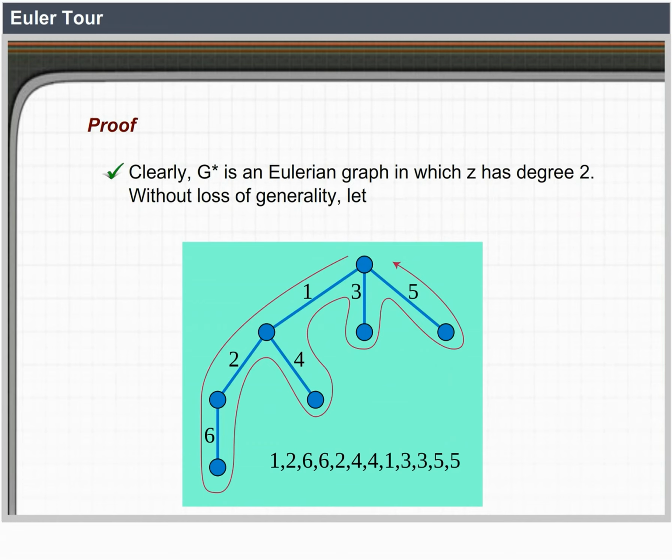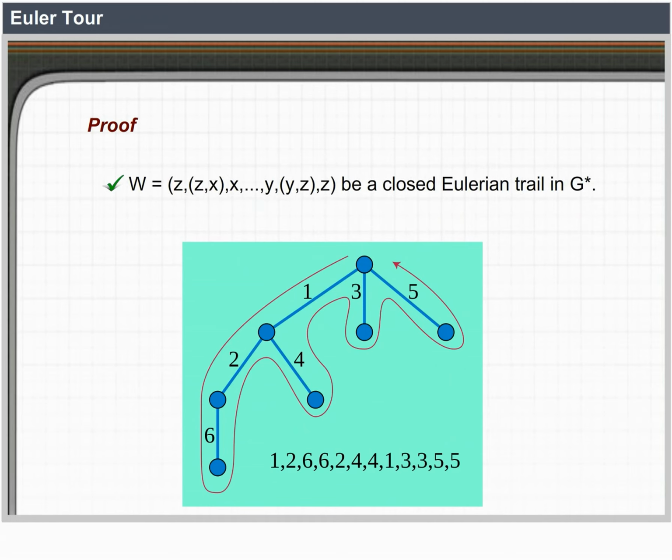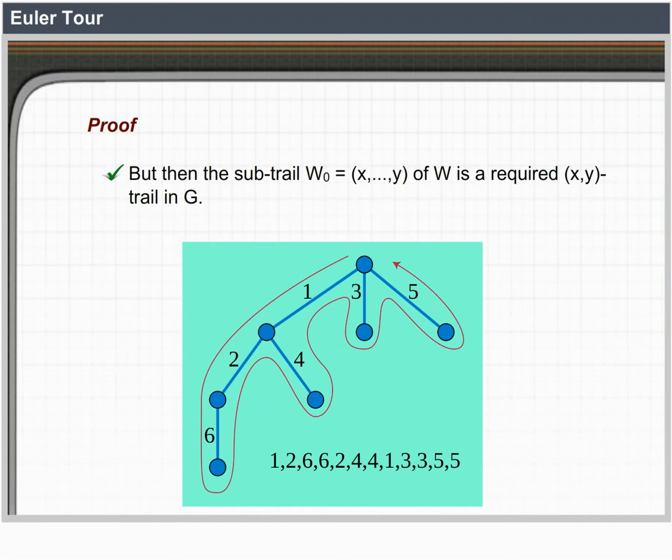Without loss of generality, let W equals Z, X, up to Y, Z be a closed Eulerian trail in G star, but then the subtrail W dash equals X, up to Y of W is a required XY trail in G.